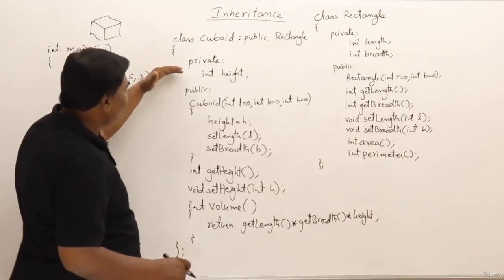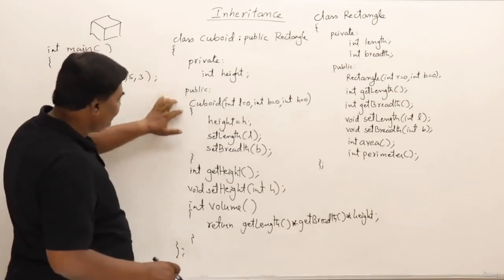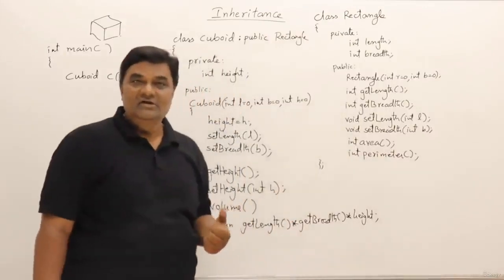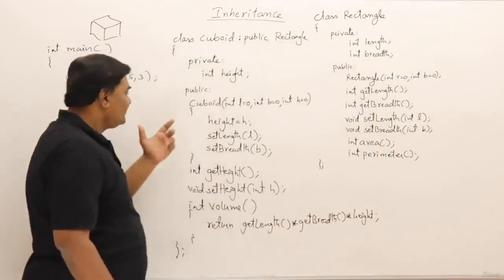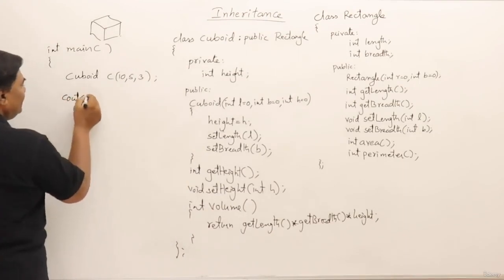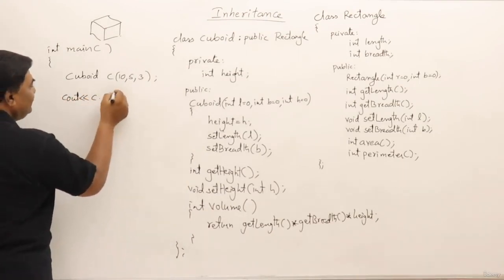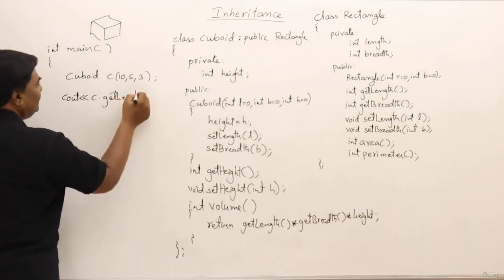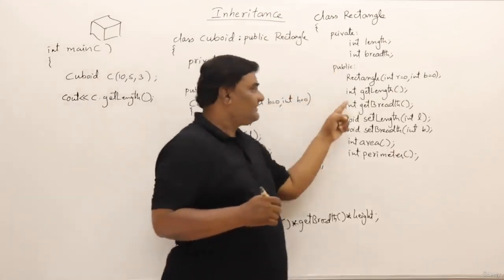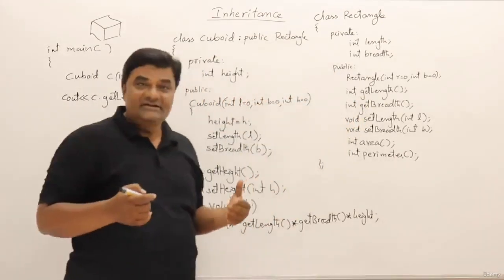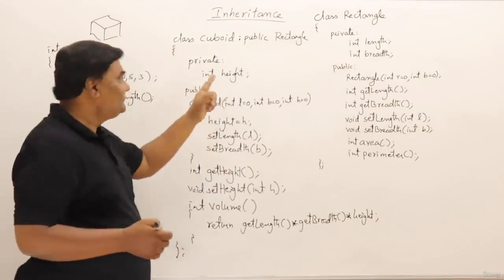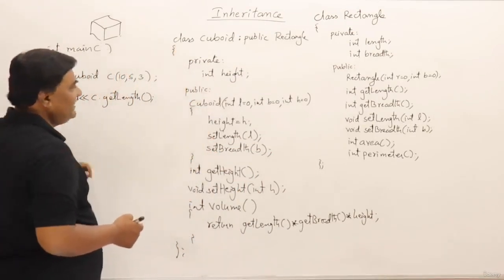I can access all those functions that are present inside cuboid class as well as those present inside rectangle class. So on this object, can I say cout c dot get length? Yes, I can call. Where is this function available? This function is available in rectangle class, but whose length will it give? It will give the length of a cuboid, because whose object did you create? Cuboid's object we have created.